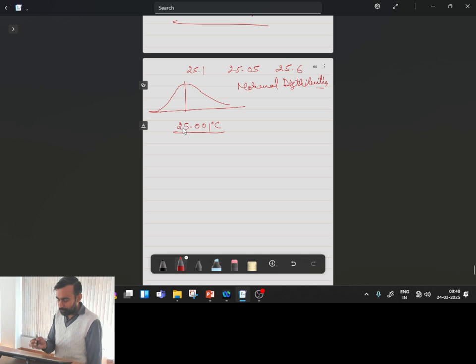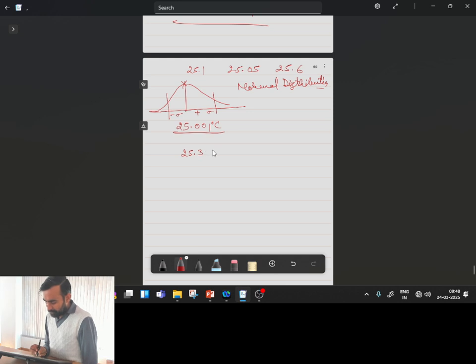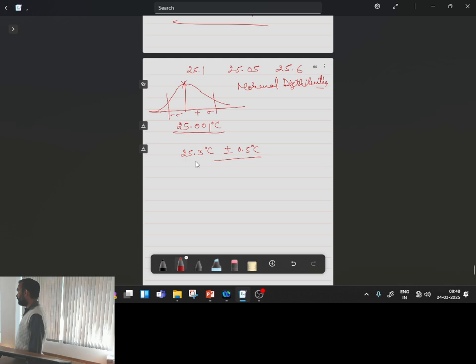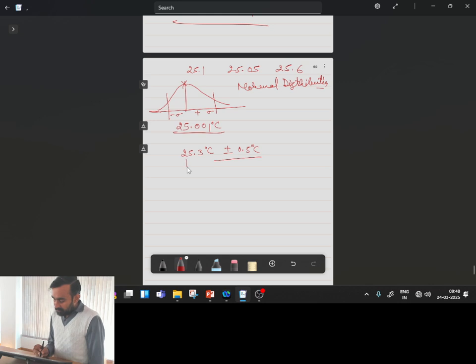Always what I will be doing is telling that my mean is 25.3, and with the standard deviation, plus sigma this side and minus sigma this side, I will be telling 25.3 degrees Celsius plus minus say 0.5 degrees Celsius. So that is my uncertainty in the measurement. Is this point clear? Now, this is the uncertainty associated with the experimental measurement.